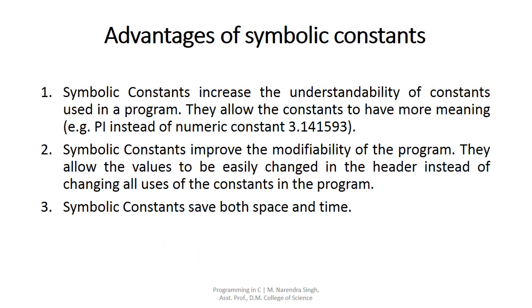Now let's see the advantages of using symbolic constants in a program. Symbolic constants increase the understandability of constants used in a program. They allow the constants to have more meaning.